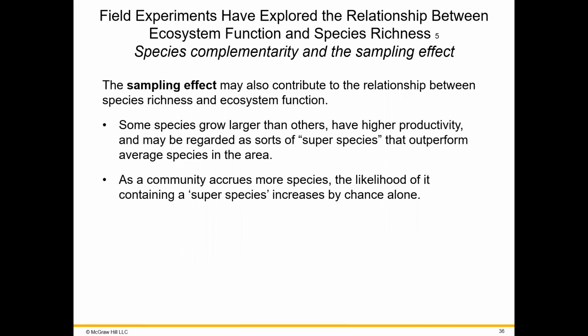As a community accrues more species, the likelihood of containing a super species increases by chance alone. Different plant species grow to different heights, meaning that species-rich plots with plants of different sizes can utilize light efficiently at many different levels of the plant canopy. Different plant species tend to also have different root lengths, so they can also tap into the soil moisture and absorb nutrients at different depths.